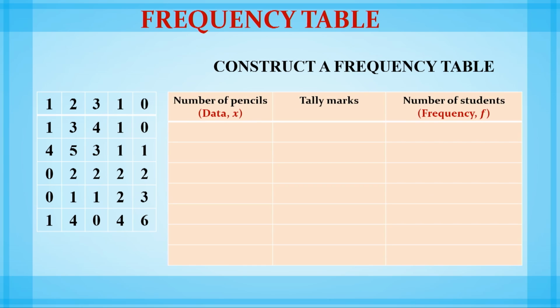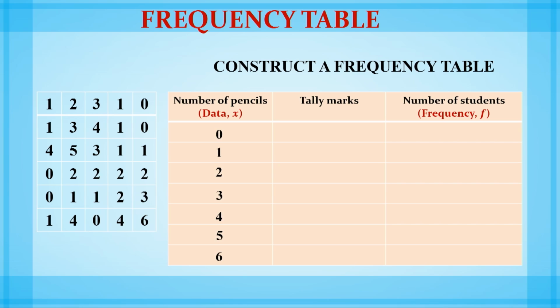The first column shows what is being arranged in ascending order. In this case, the number of pencils. From the list, the lowest number of pencils is 0. So, start from 0 in the first column as shown in the table.